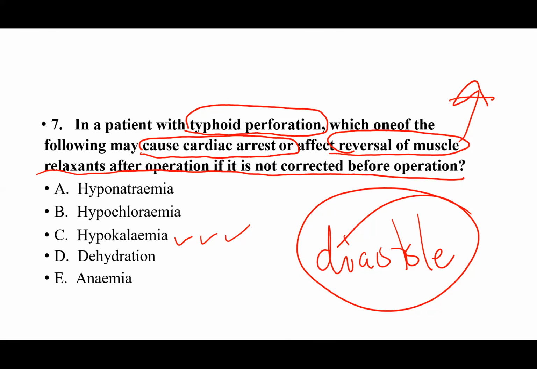Our surgeries are classified, I hope you've all reviewed our lecture on perioperative care, into emergency, urgent and elective. With emergency, you don't have time to correct any derangement. Somebody comes in with a ruptured aortic aneurysm. Which electrolyte do you want to correct?